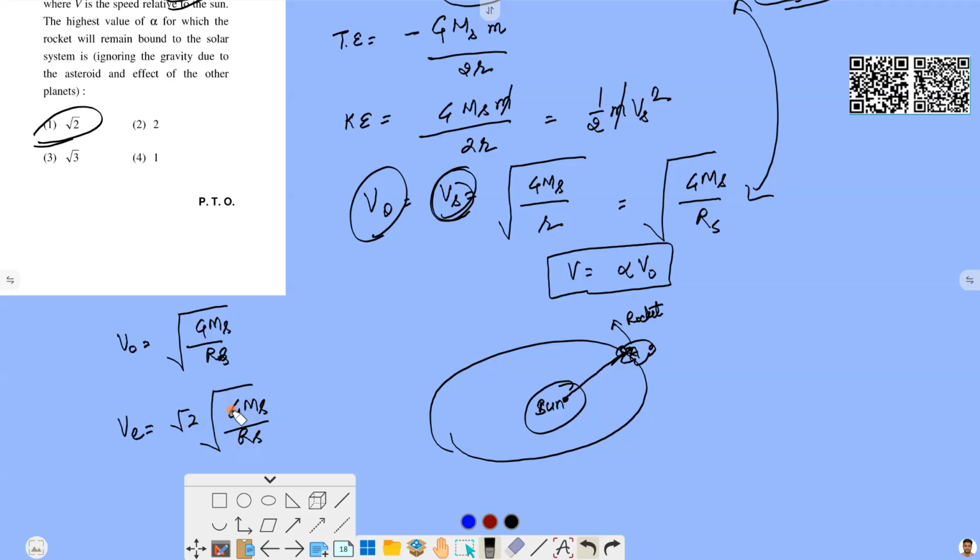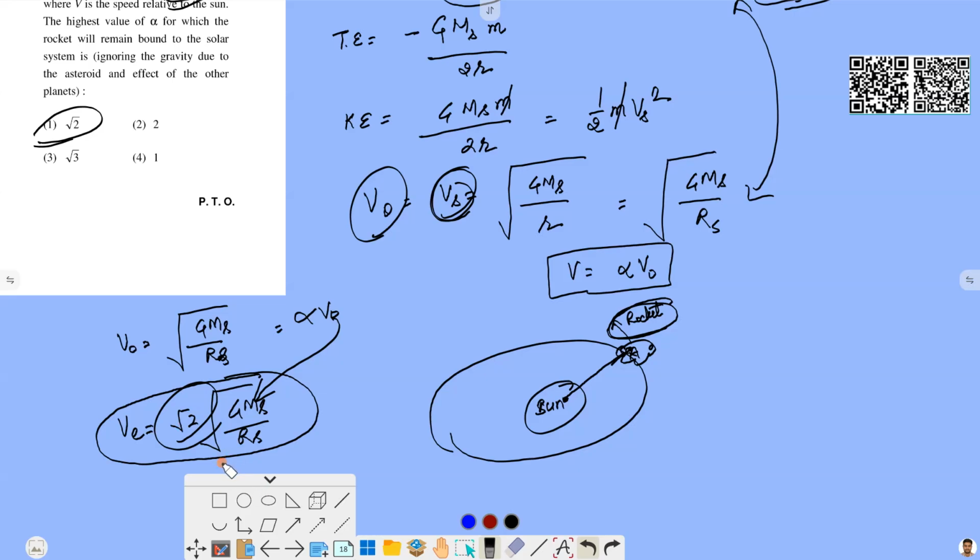Now we have to find out the maximum value of rocket velocity which it can have so that it does not escape. And this is the maximum value which it can have before escaping. So comparing these two, and it is mentioned as alpha v naught, we can write that alpha is equal to root 2. So with this, let us move to the next one.